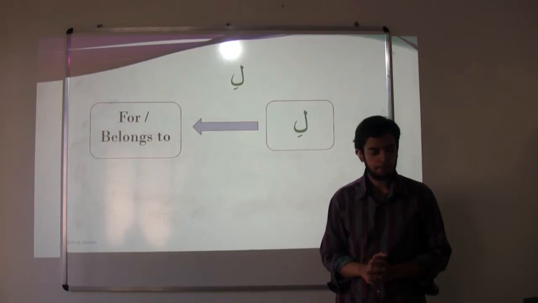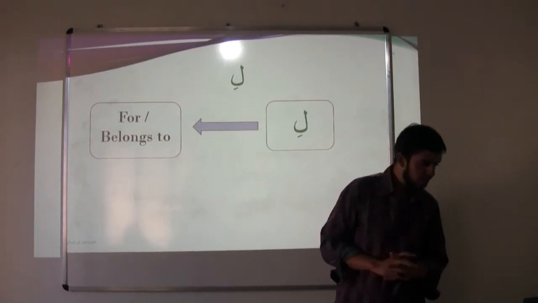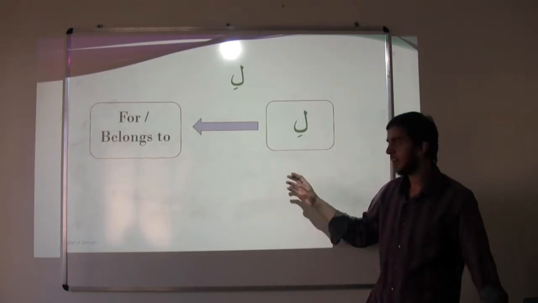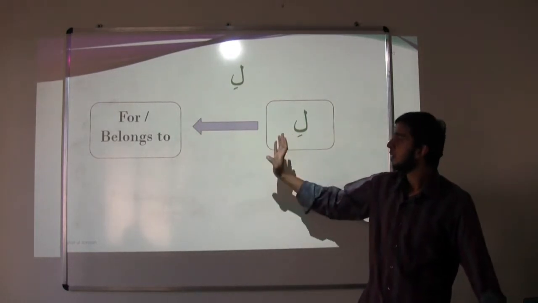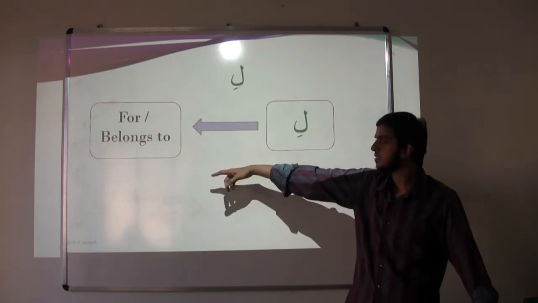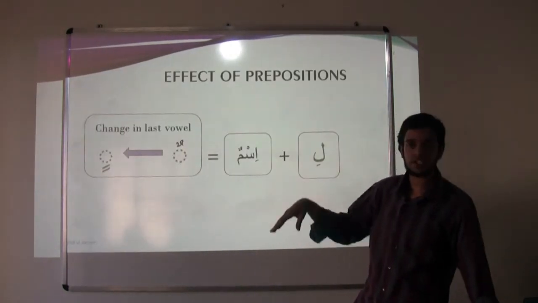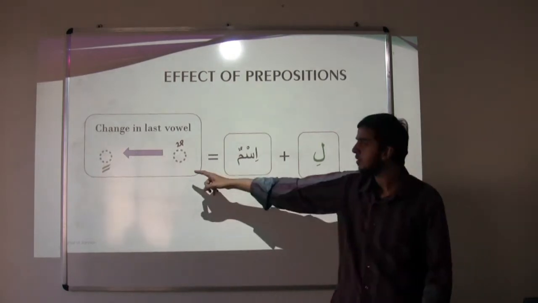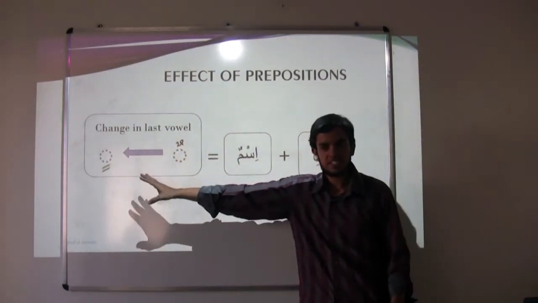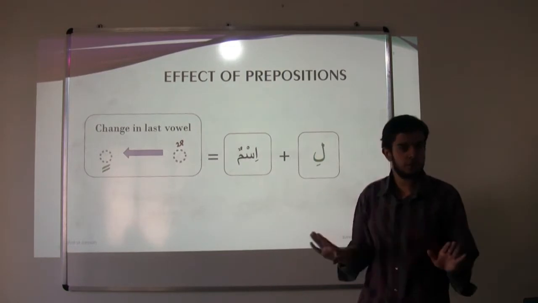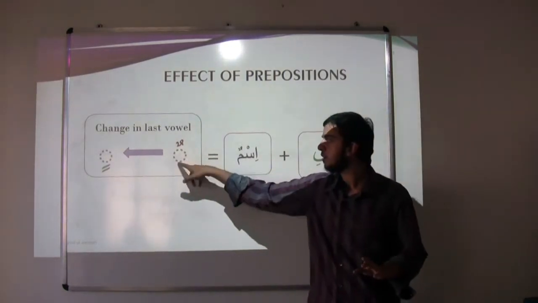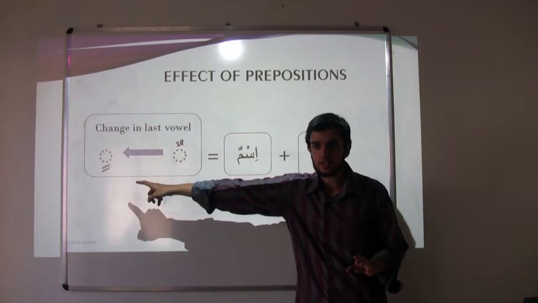Okay, fine, we'll just go through its effect and then I'll ask you the question. Li means for or belongs to, and it has the same effect as the rest of the prepositions. Li plus ism has the same effect, absolutely no difference, from double dhamma to double kasra.